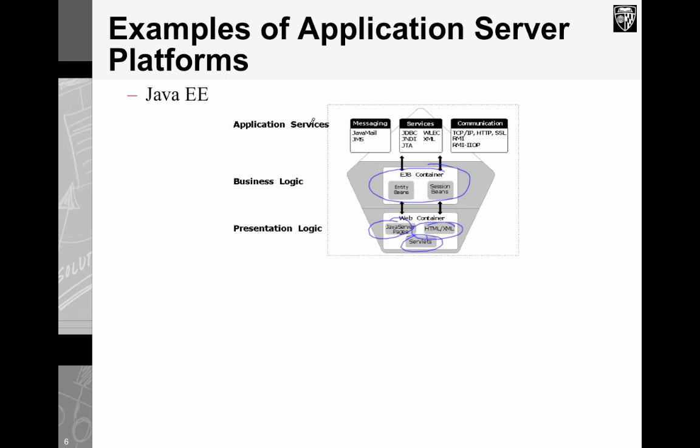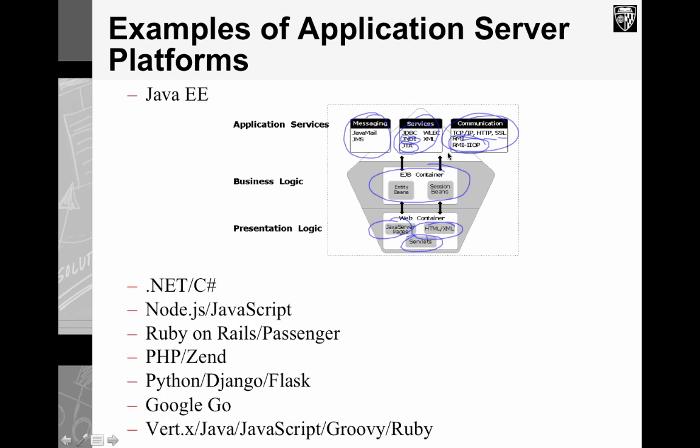There are also several application server or platform services like messaging services, database services like JDBC, naming services such as JNDI, transactional services. There's also communication services such as TCP/IP, HTTP, SSL, RMI, which is remote method invocation. So Java EE is an application server where application developers can write their applications and deploy into the platform.